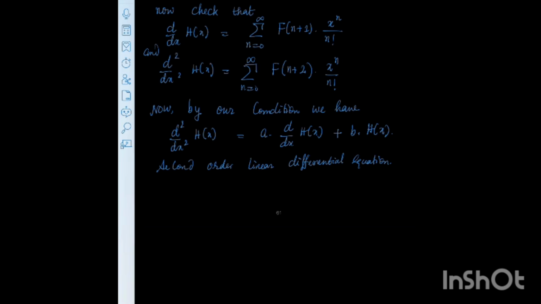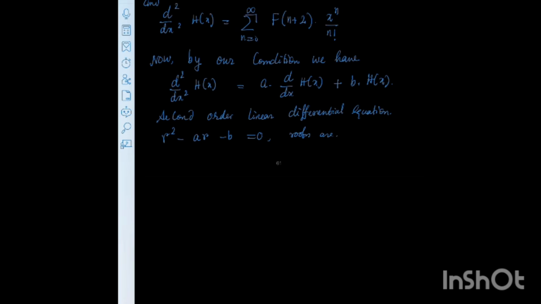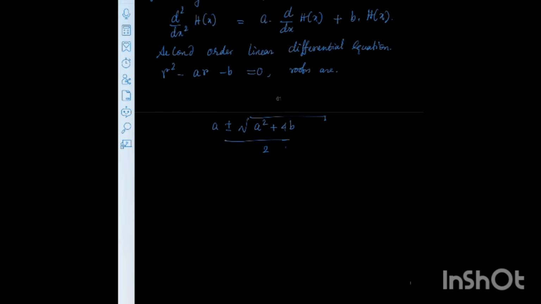We all know the technique that we have to solve a quadratic equation. The quadratic equation for this second order linear differential equation is r squared minus a r minus b equals 0. The roots of the equation are (a plus or minus the square root of a squared plus 4b) divided by 2.